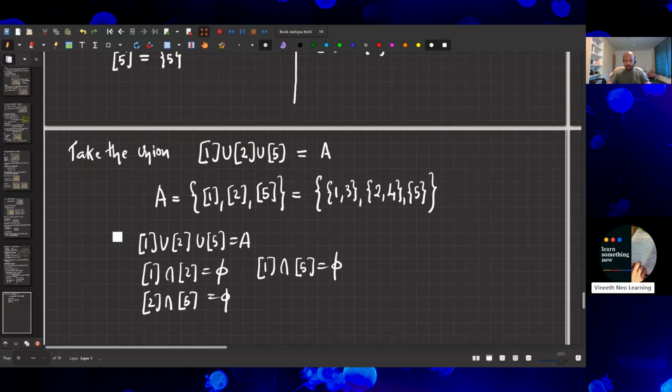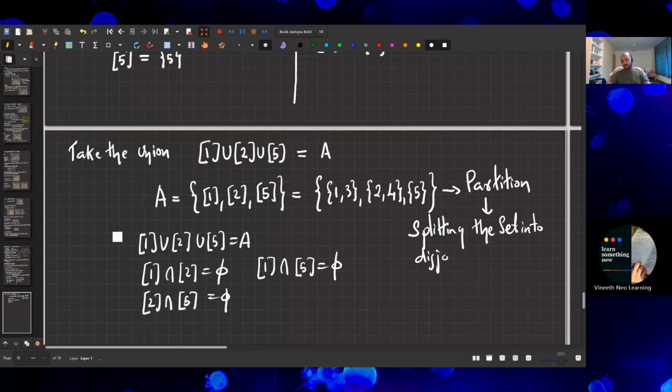Meaning the subsets are disjoint. Partition is splitting the set A into disjoint subsets whose union is the set itself.